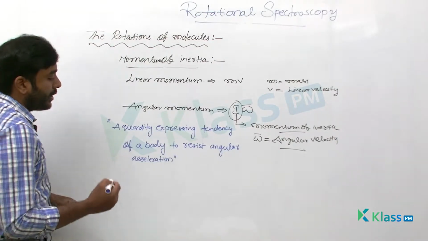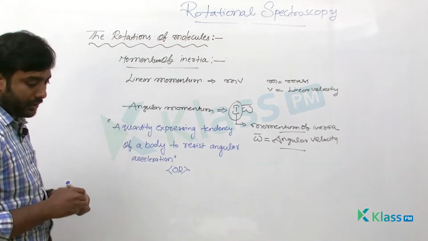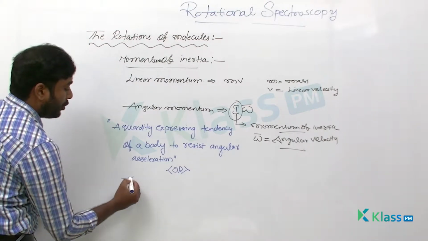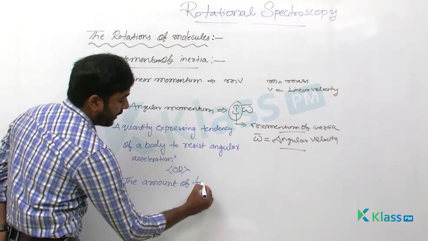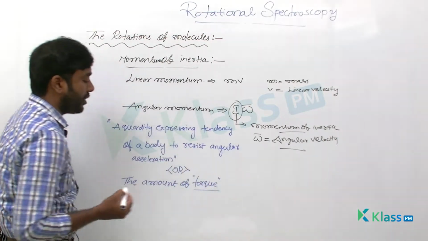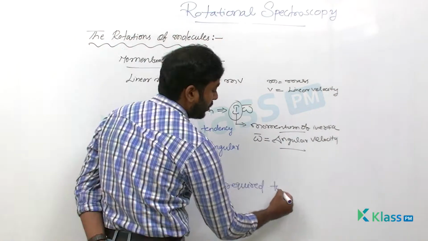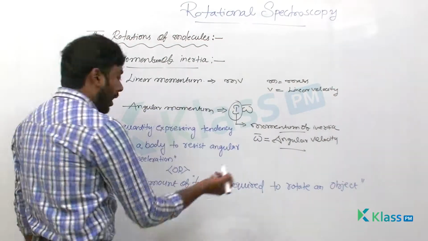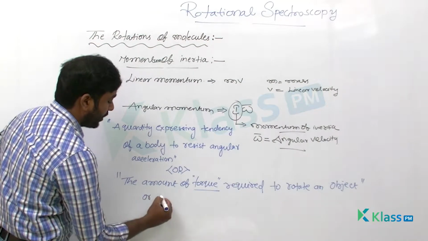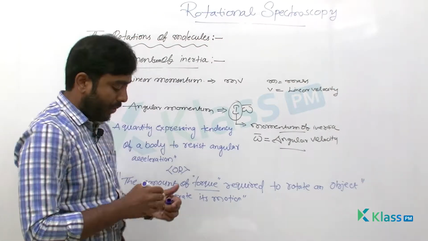Another way you can define it: the second definition is the amount of torque. Torque, as I said, is the force required to put an object in rotational motion. So the amount of torque required to rotate an object or accelerate its motion. So there are 2 ways you can define moment of inertia.